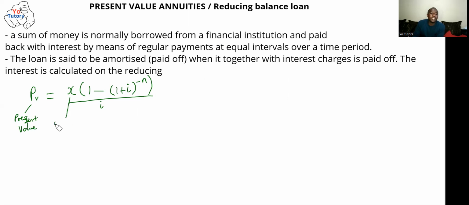X is your regular payments, or installments, and those can be monthly, weekly, or half yearly. Then i is our interest rate.